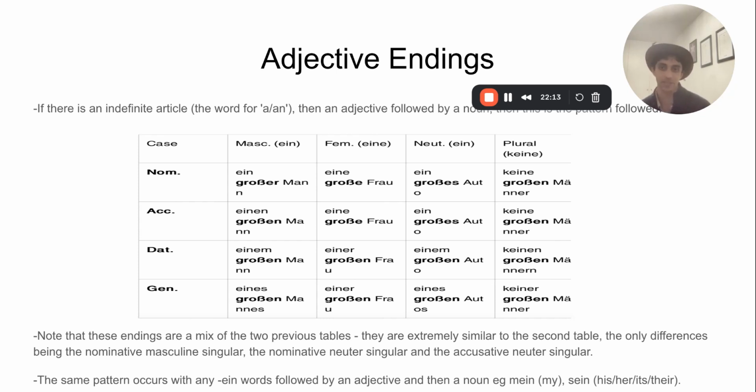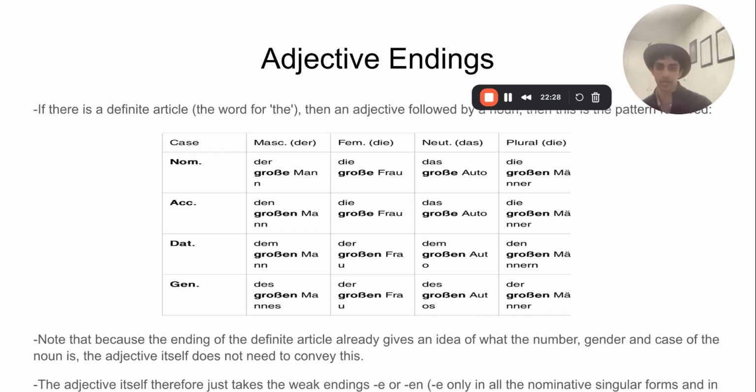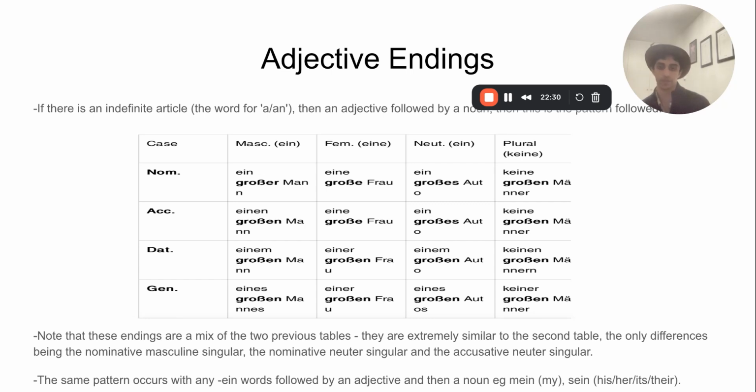So instead of thinking of it as something separate, a third table that has to be completely fully learned, I would simply try and remember that it's actually very similar to the two previous tables. It's actually extremely similar to the second table, the one that we just saw here, with only a few differences.